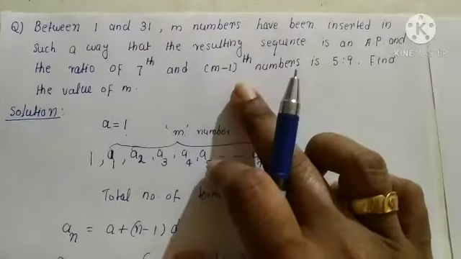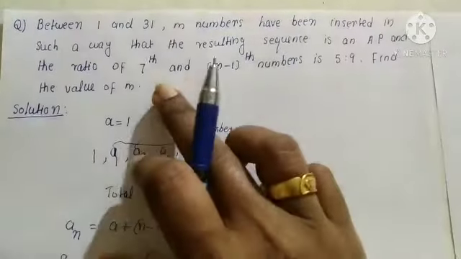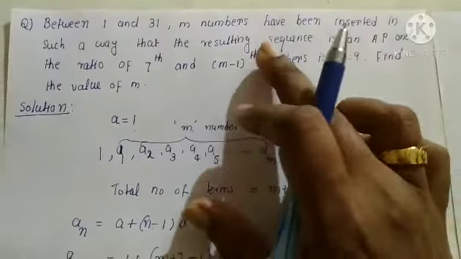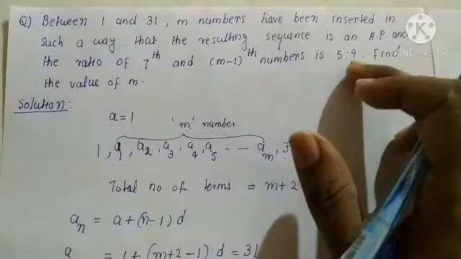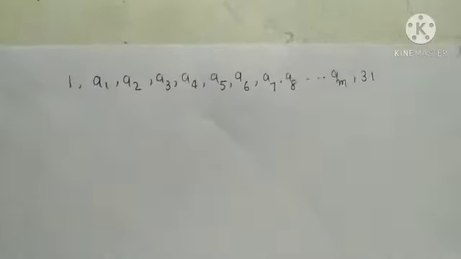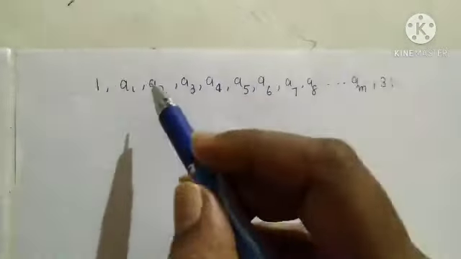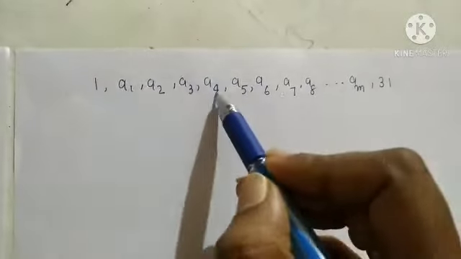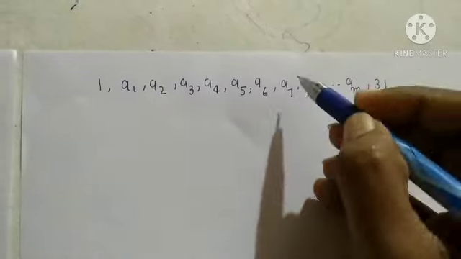Also given that the ratio of the 7th and (m minus 1)th number is 5:9. So here, counting the 7th number: 1, 2, 3, 4, 5, 6, 7.